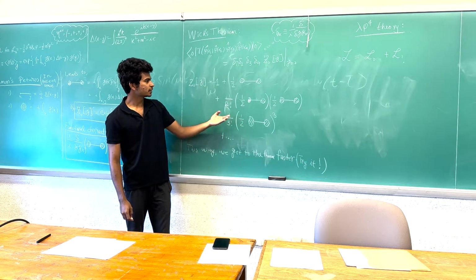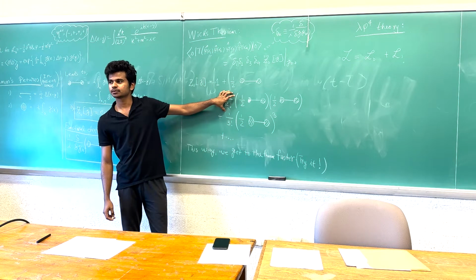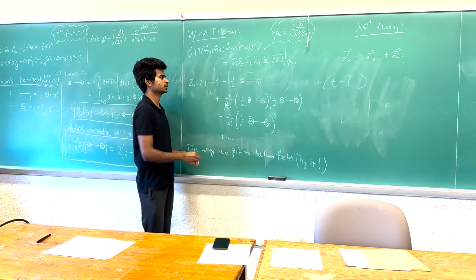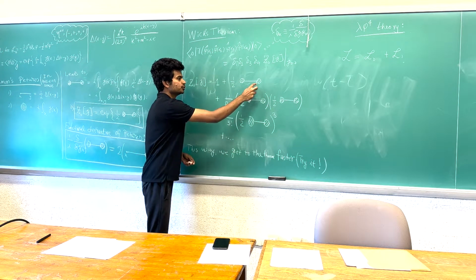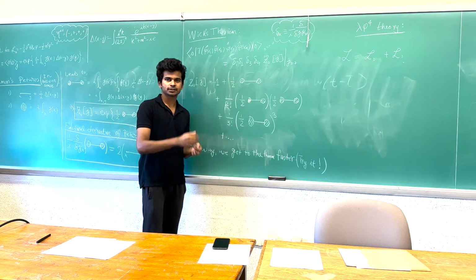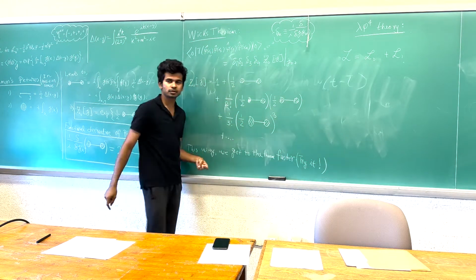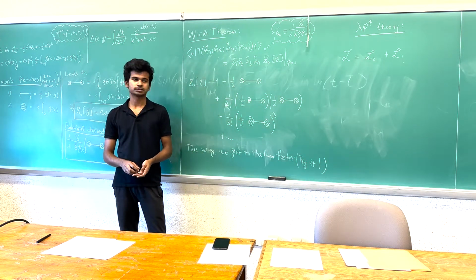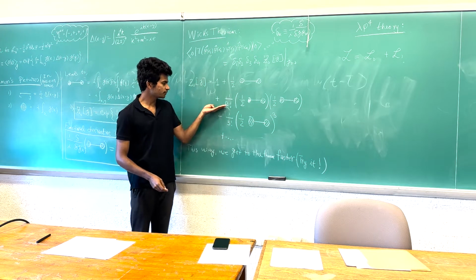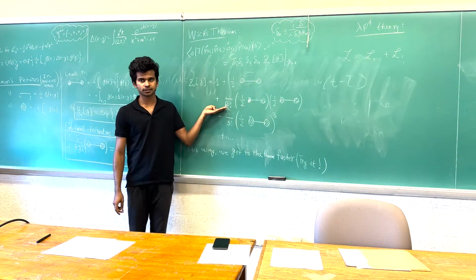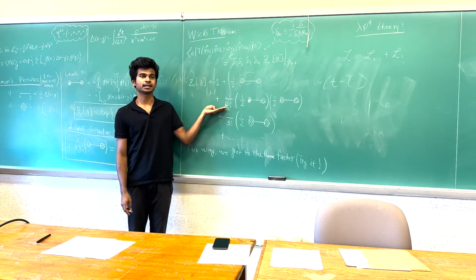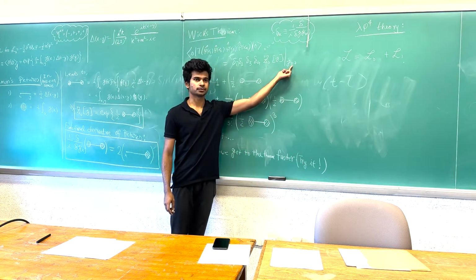So any term before this goes to 0 after 4 derivatives. Because, for example, in this term, you have 2 J's. You exhaust all the J's after the first 2 derivatives, then the rest do not depend on J. So the derivative is 0. Any term after the 1 by 2 factorial term also goes to 0 in the end when you set J equal to 0.